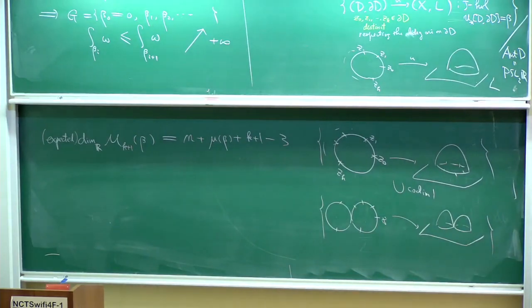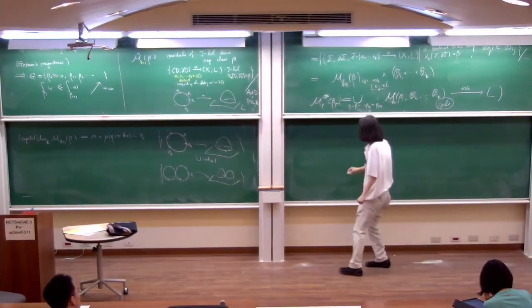Okay. Maybe it's not so easy to explain the complicated case, so I just consider one special case. So why does this become a cycle? This is the following reason.